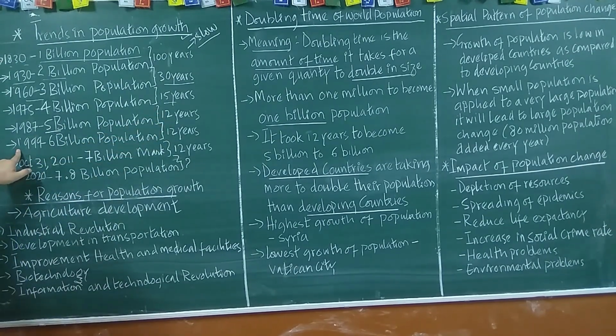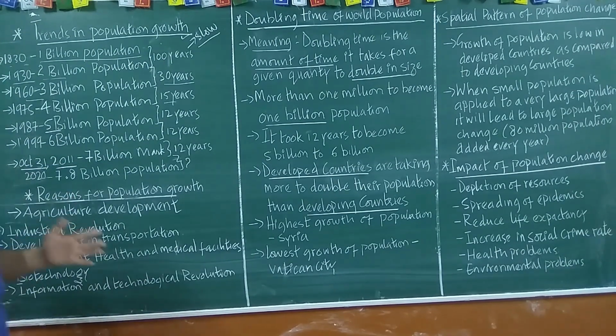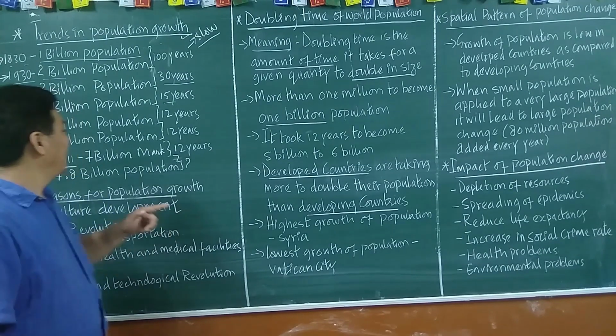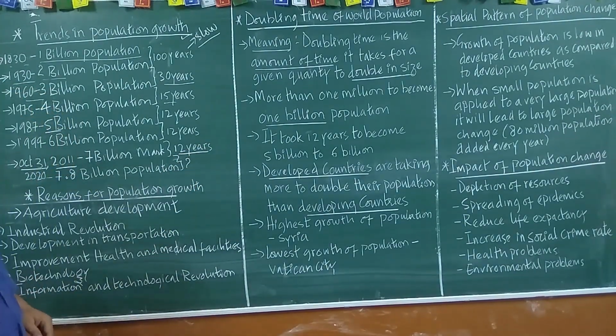In 1999, the world's population touched the 6 billion mark, and it took 12 years. And very important, on October 31, 2011, the world population became 7 billion, again in just 12 years.